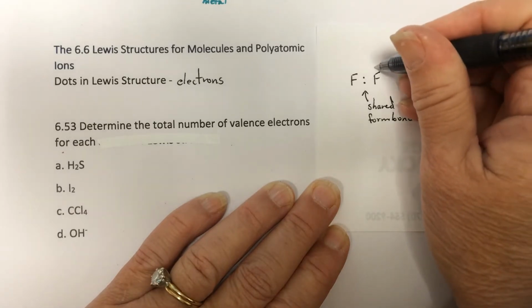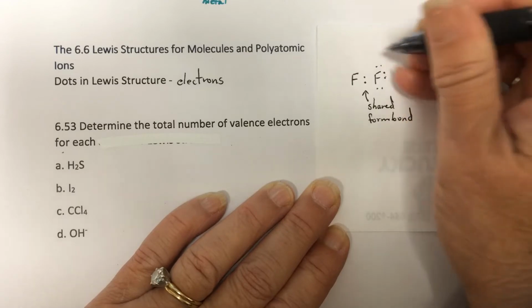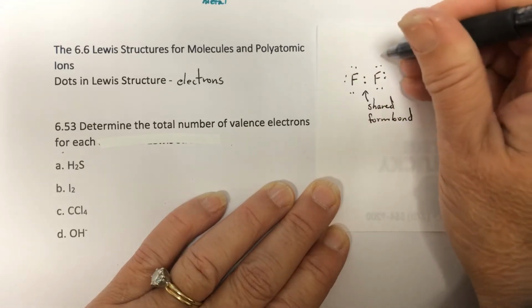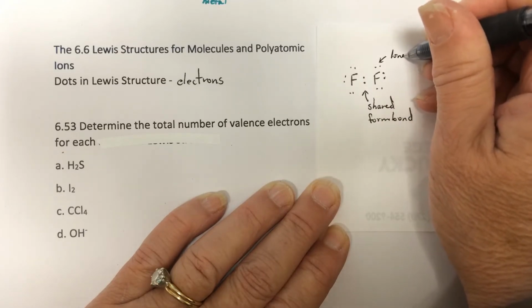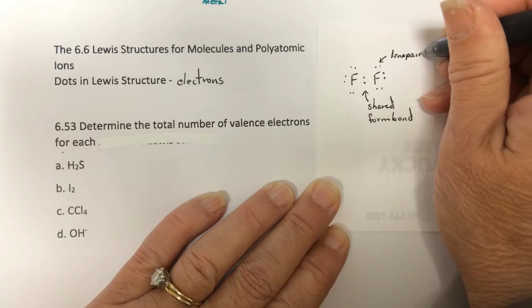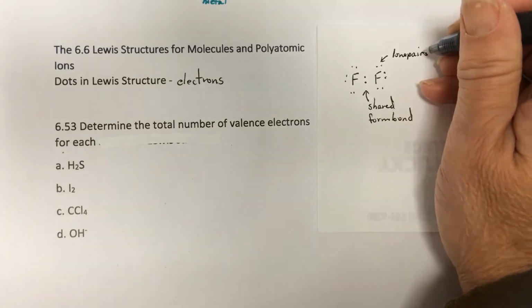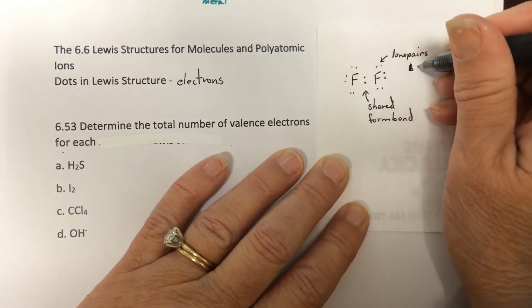Then we've got extra electrons on the outside, and these are lone pairs. Or non-bonding pairs.